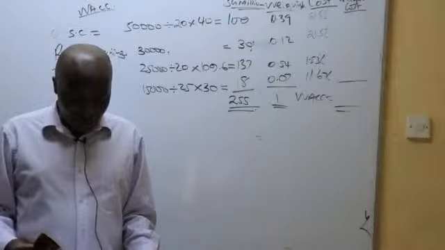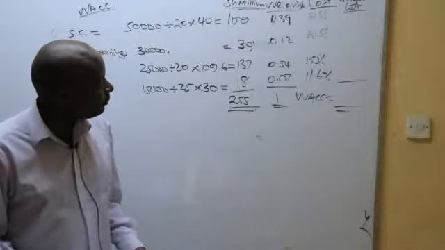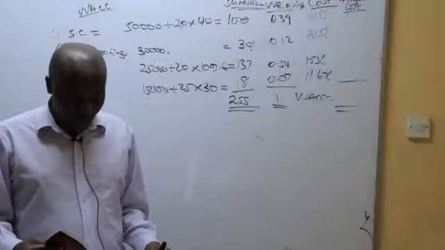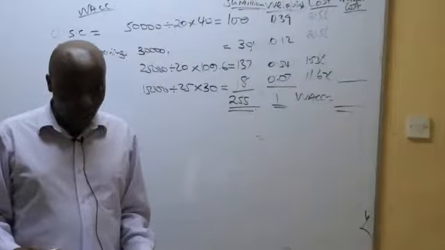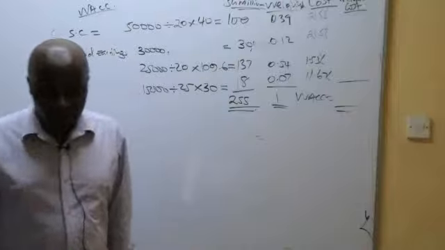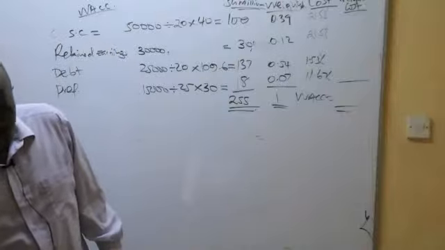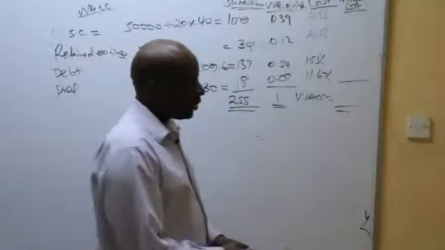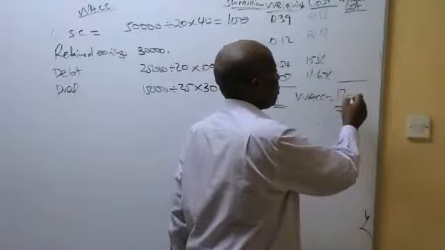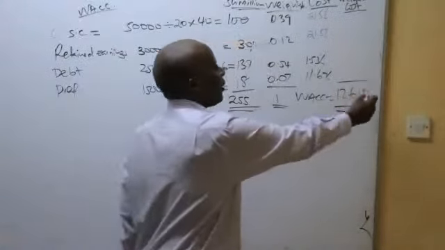We are looking at something like 12 point what? 12.61. I'm being told the WACC should be about 12.61%.